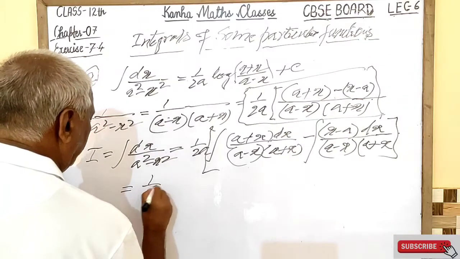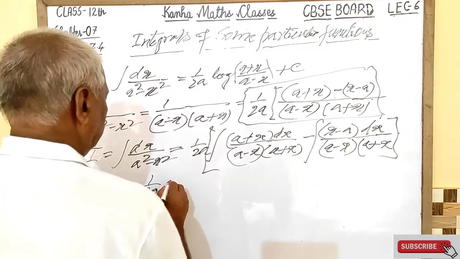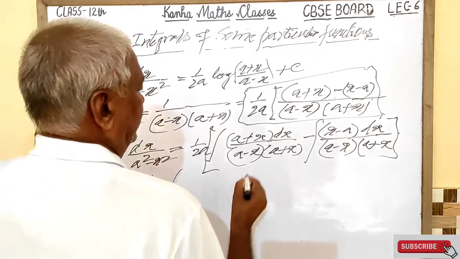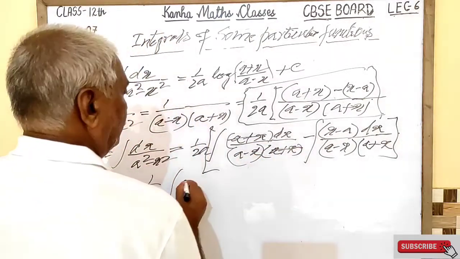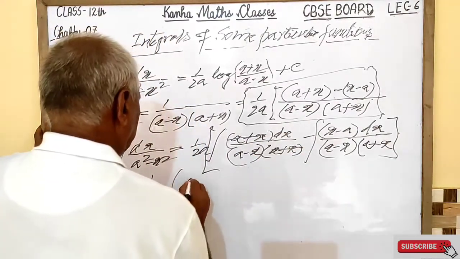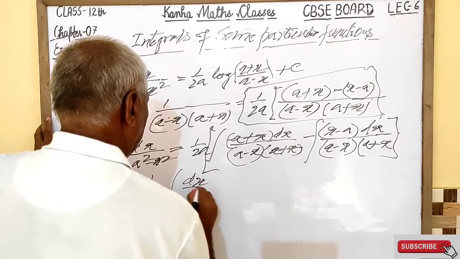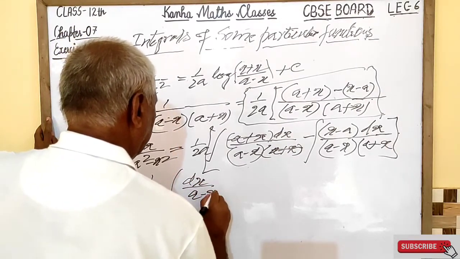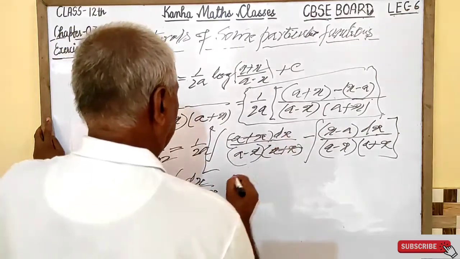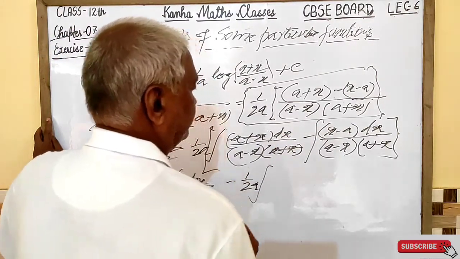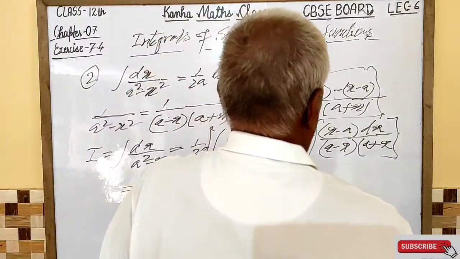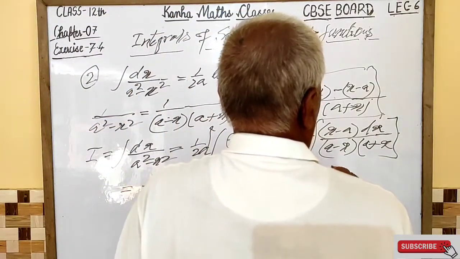This will become 1 upon 2a integral, a plus x will be cut by a plus x. Here we will have dx upon a minus x, dx upon a minus x, again minus 1 upon 2a integral.